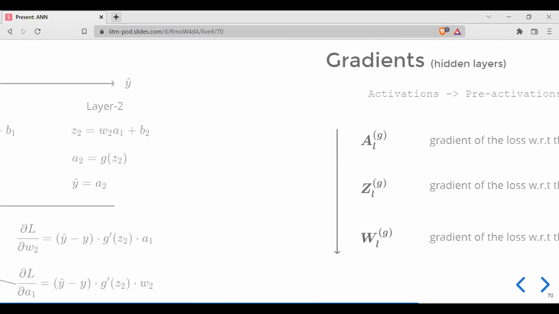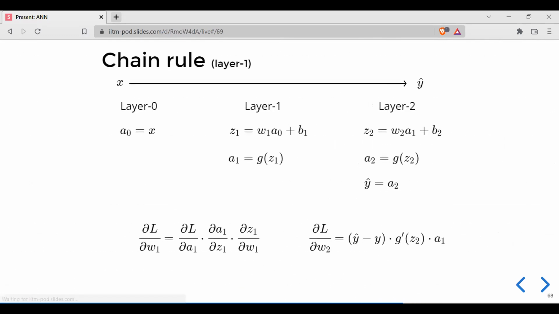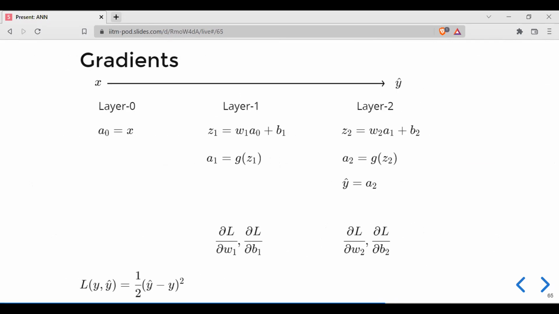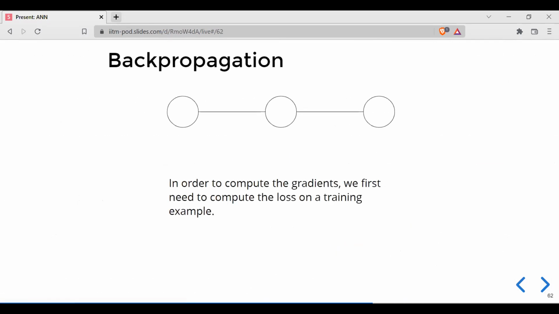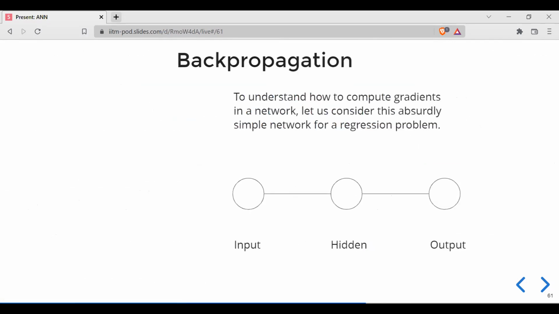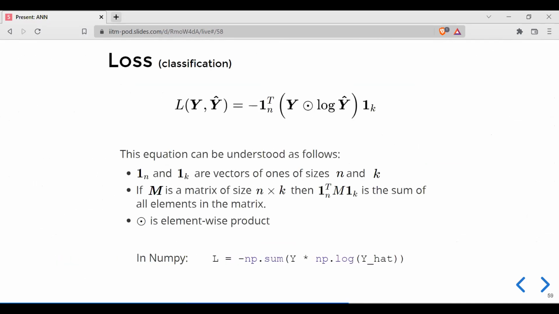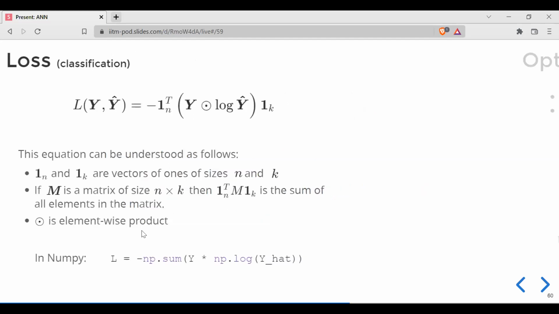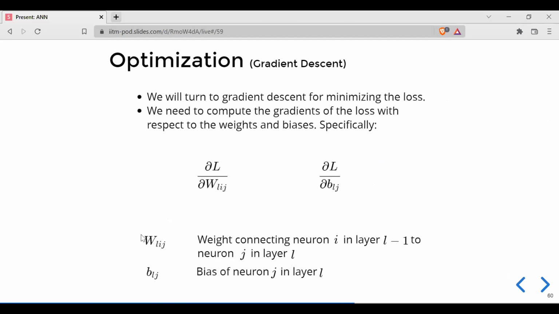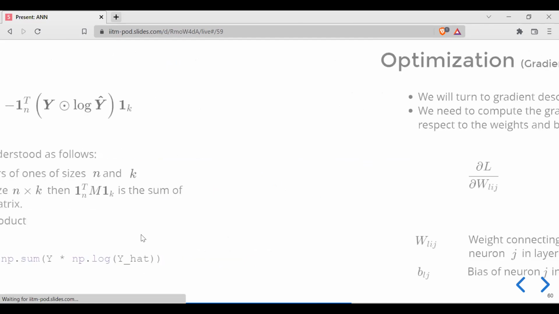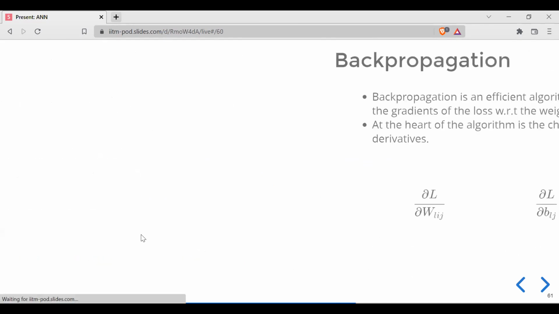Okay, just give me 1 minute. Sir, is this the Hadamard multiplication that we studied initially? Is that what you mean when you say element-wise multiplication? Yes. So here it is mentioned that this is just the element-wise product. If M is a matrix, this is giving the sum of elements in the matrix. But what is the raised power here?